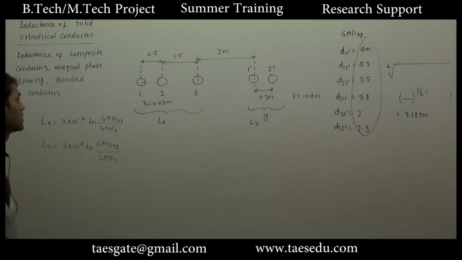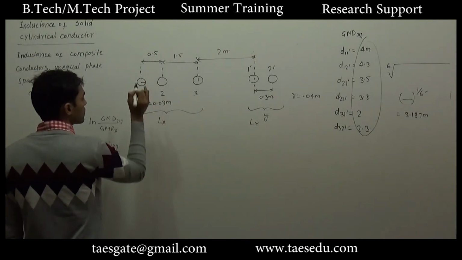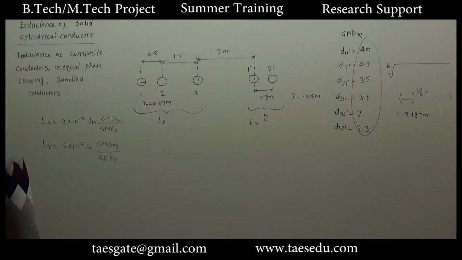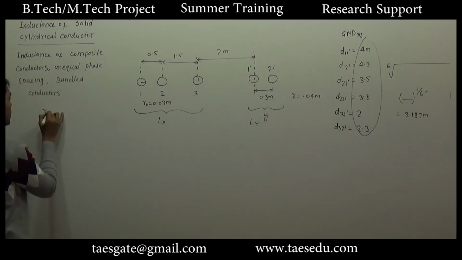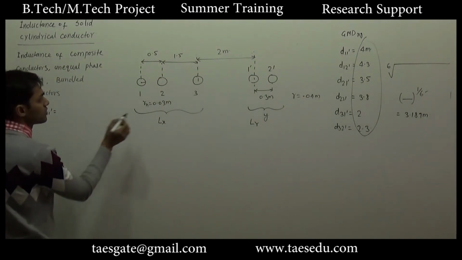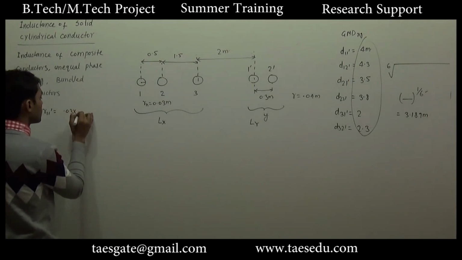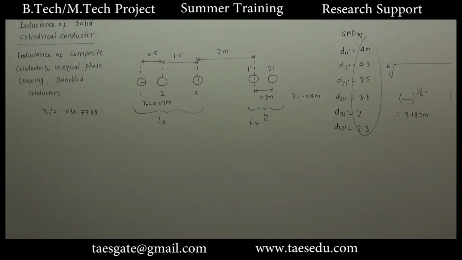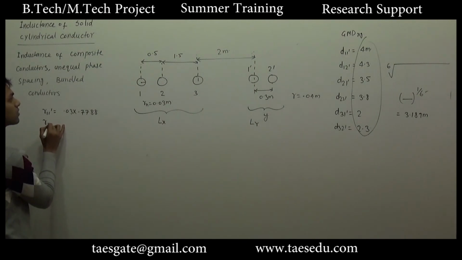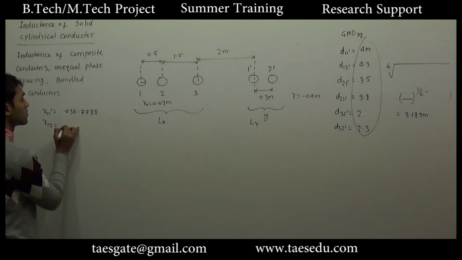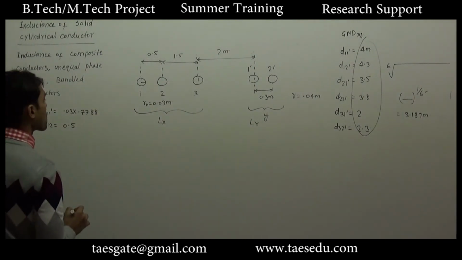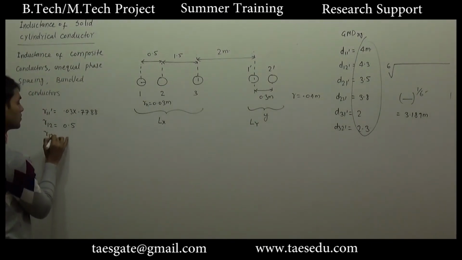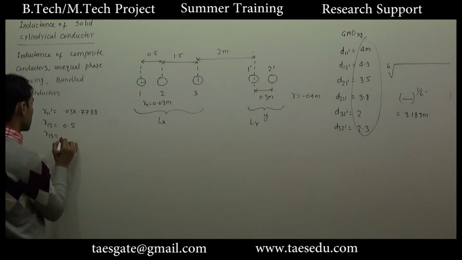To calculate GMR, we will have 3 distances for this conductor, including its radius, 3 for this, 3 for this, a total of 9 distances. First we will have R11 dash, that is 0.03 into 0.7788. R12 is 0.5, R13 is 2 meter.